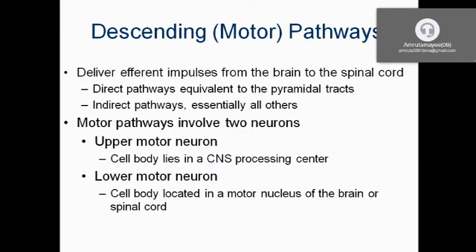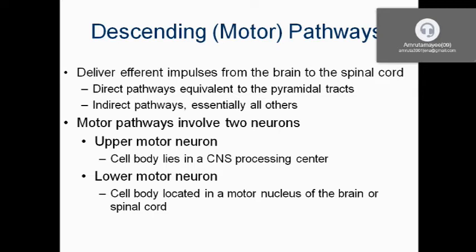And in ascending tracts there are three order neurons: first order, second order and third order neuron. You can see the upper motor neuron has its cell body in the CNS processing center. So whatever center it is, the cortical centers, the upper motor neuron cell body lies in that center.